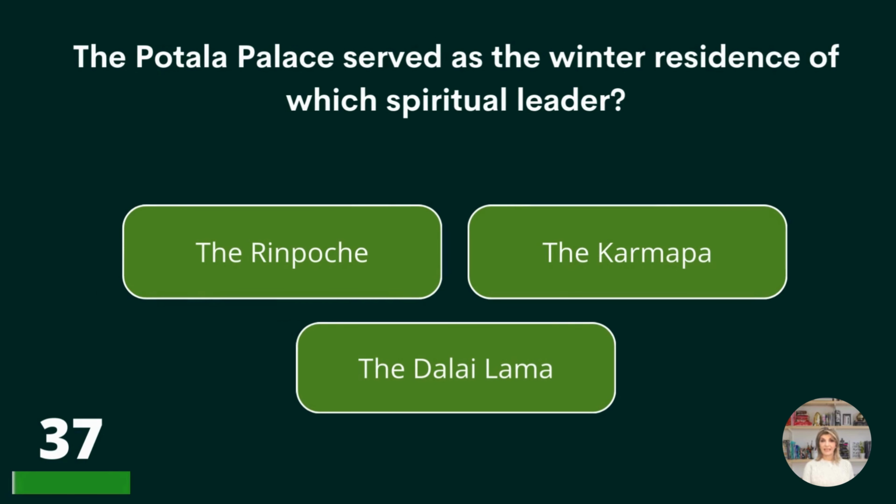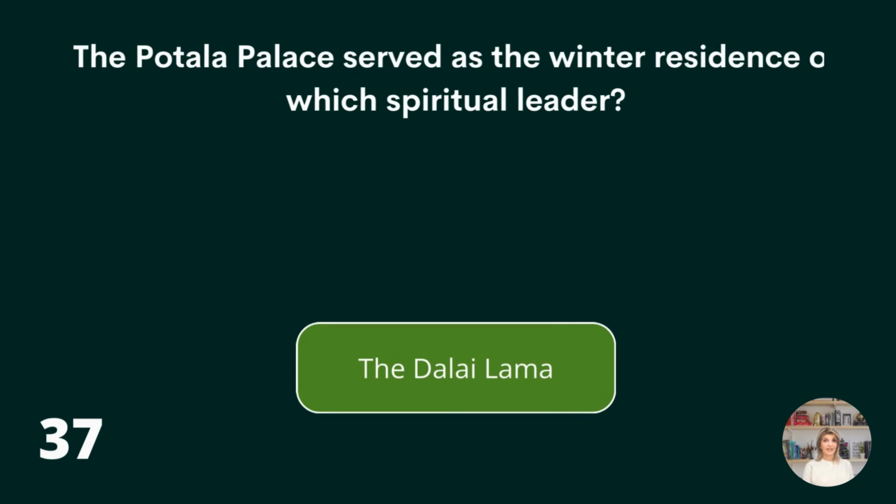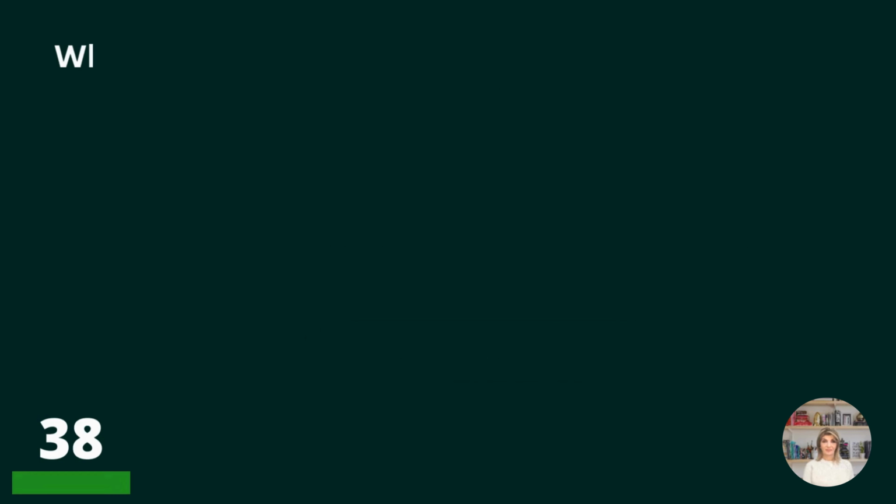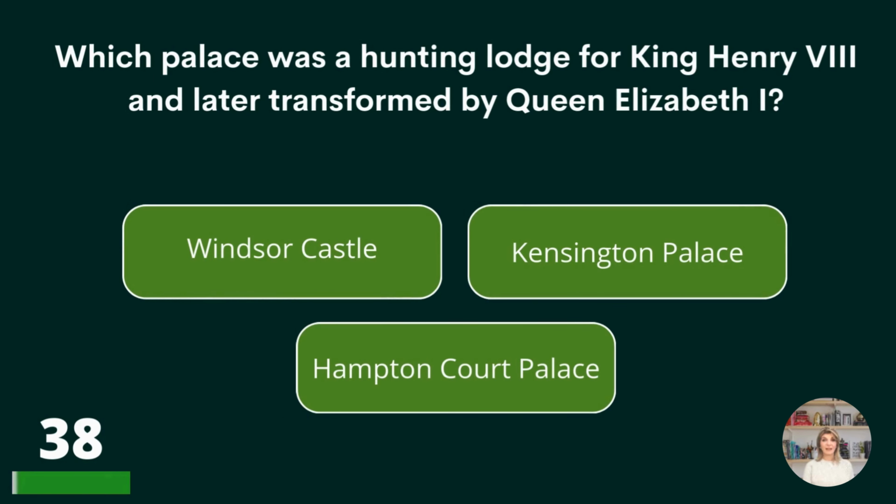The Potala Palace served as the winter residence of which spiritual leader? The Rinpoche, the Karmapa, or the Dalai Lama? The Dalai Lama. Which palace was a hunting lodge for King Henry VIII and later transformed by Queen Elizabeth I?